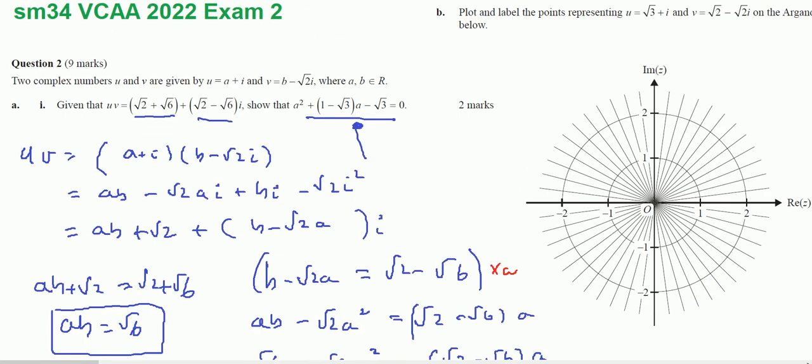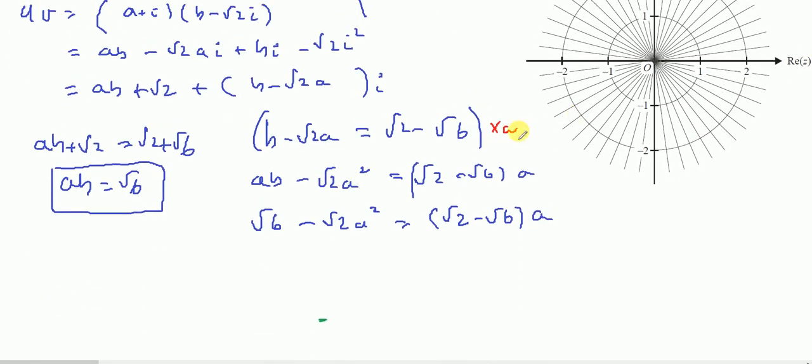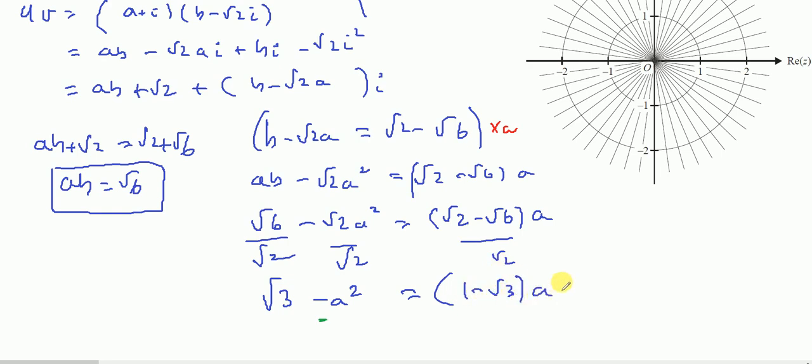And looking at what I want, I'm going to divide everything by root 2. That becomes root 3 minus a squared equals root 2 divided by root 2 is 1 minus root 3a.